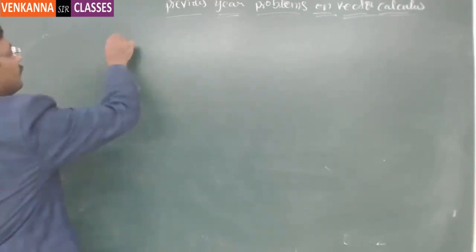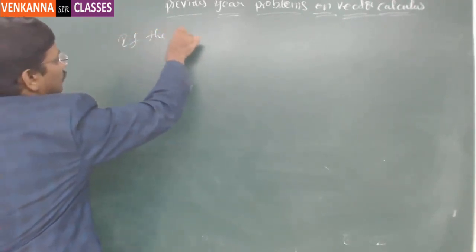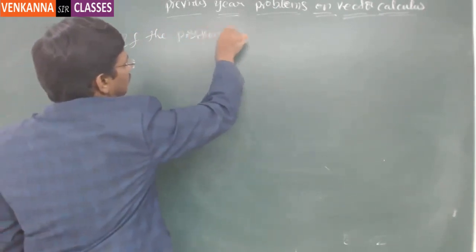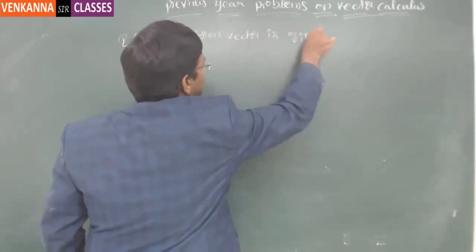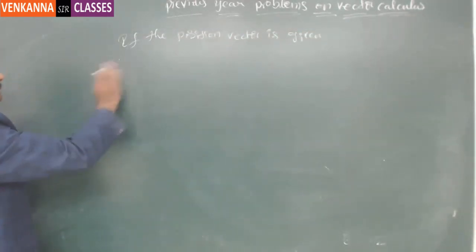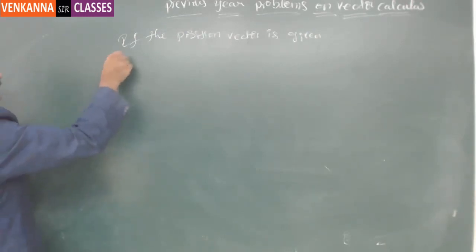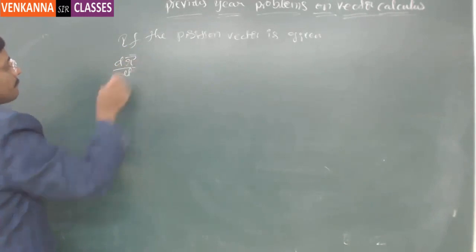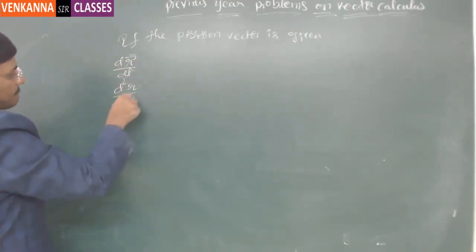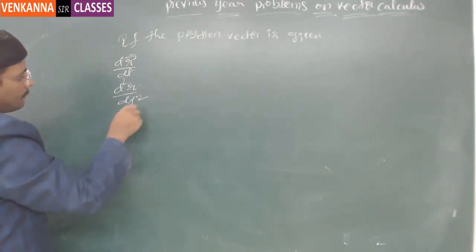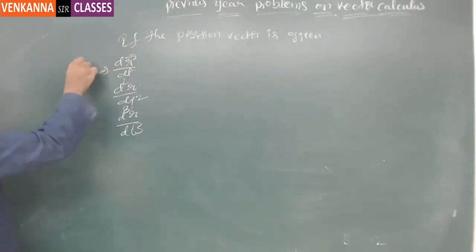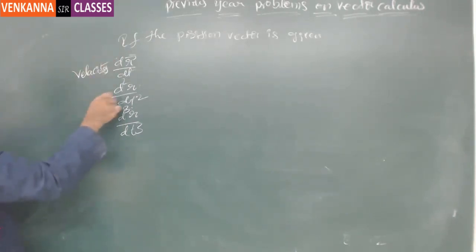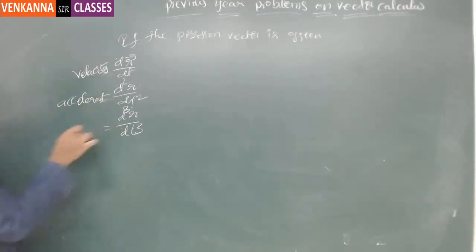If the position vector is given, which is usually the only information we get, then based on that we find the velocity vector, that is dr by dt, and d square r by dt square, and d cube r by dt cube. This is the velocity, this is the acceleration, and this is the derivative of the acceleration.